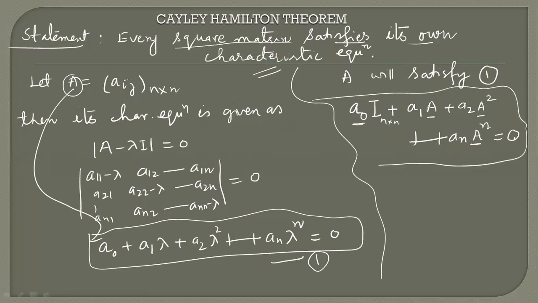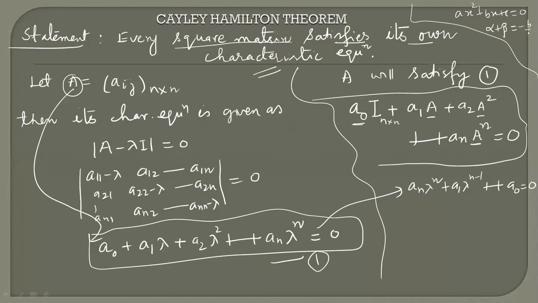Every square matrix satisfies its own characteristic equation. One remark I am telling you: this is an nth degree equation, an lambda to the power n plus a1 lambda to the power n minus 1 plus up to a0 equal to 0. If you remember from class 9th, if an equation is ax square plus bx plus c equal to 0 and its roots are alpha and beta, then alpha plus beta is minus b upon a and alpha into beta equal to c upon a.